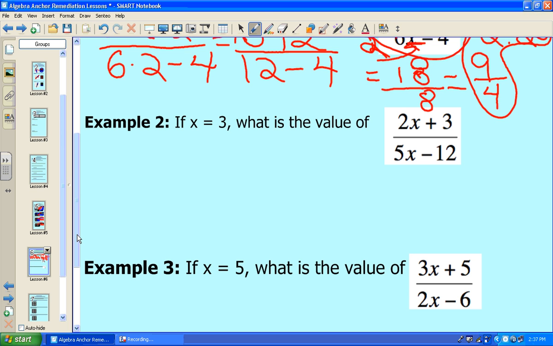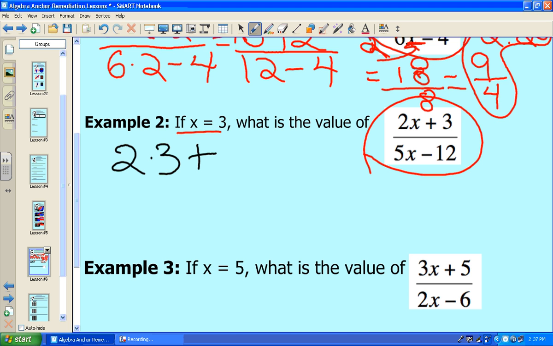Example 2, it's giving you x is 3. Plug it in, or substitute it, into this expression everywhere that you see an x. So rewriting that, you're going to have 2 times 3 plus 3, and in the denominator, 5 times 3 minus 12.